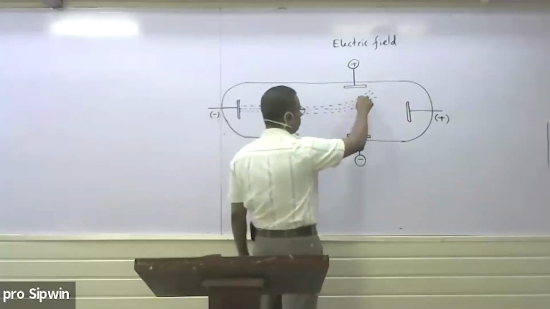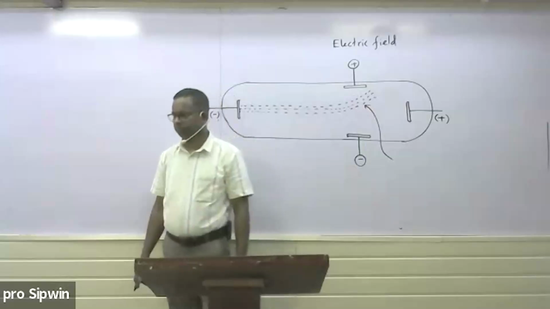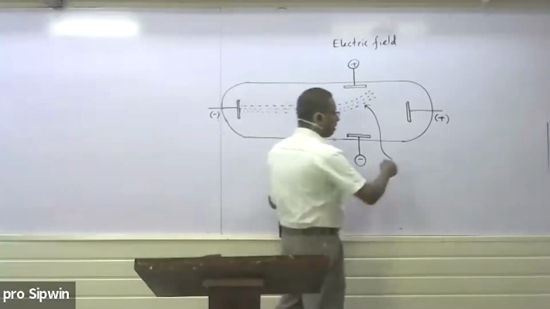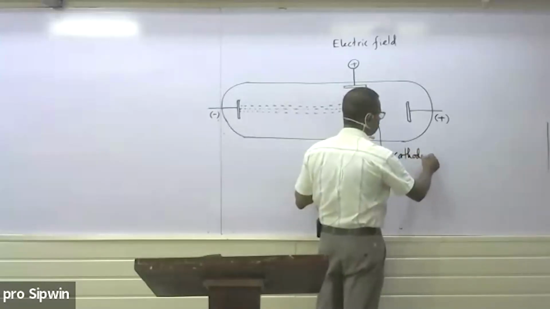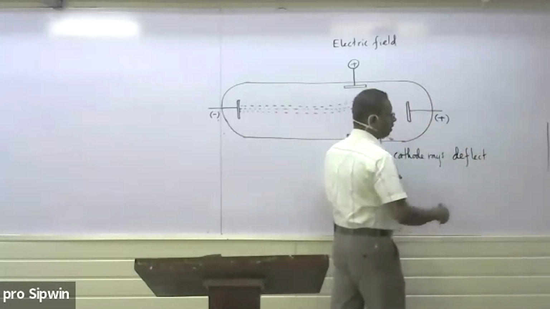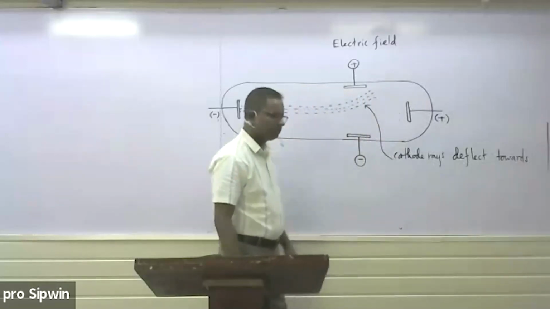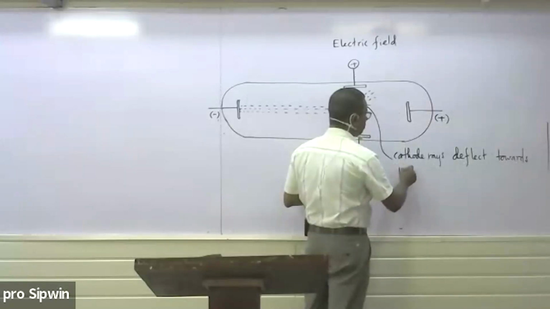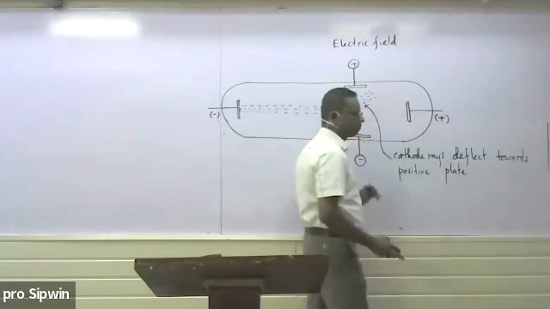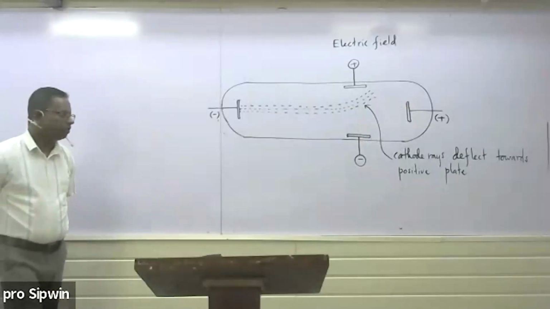Take an arrow to this place and write here: cathode rays deflect towards the positive plate. All right.